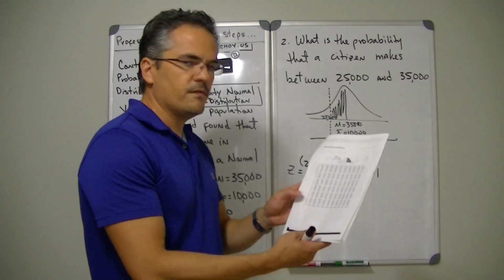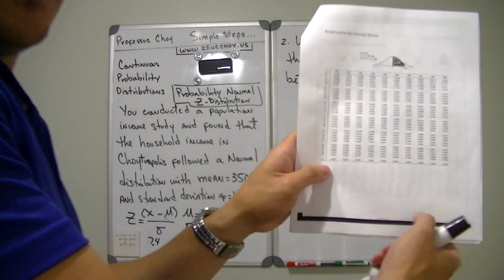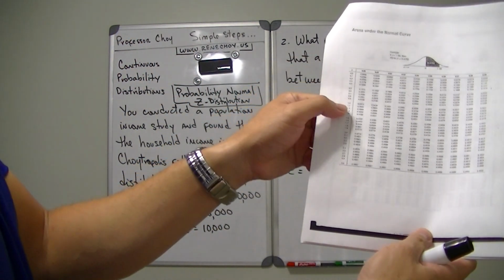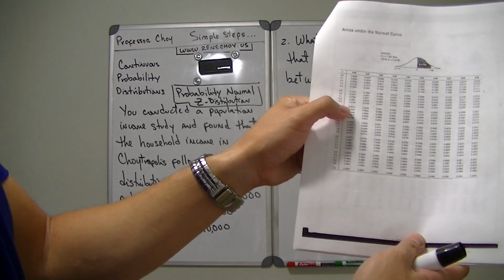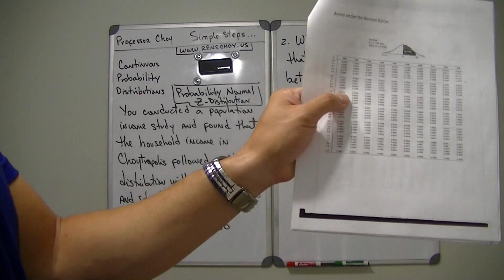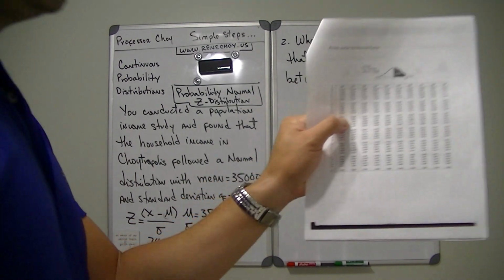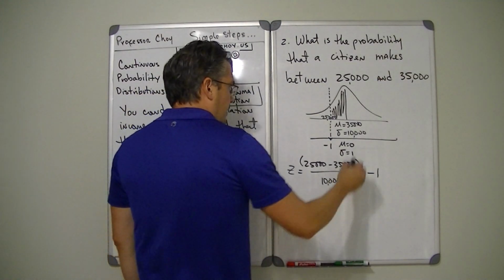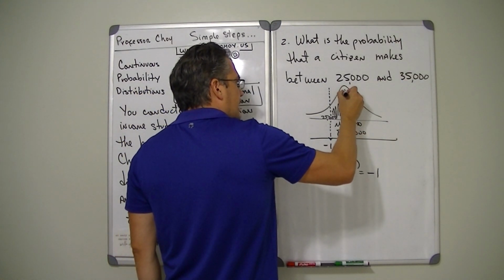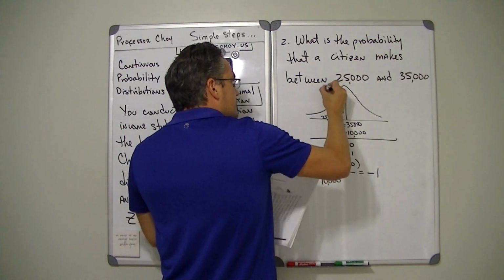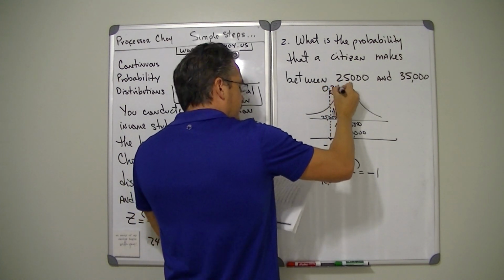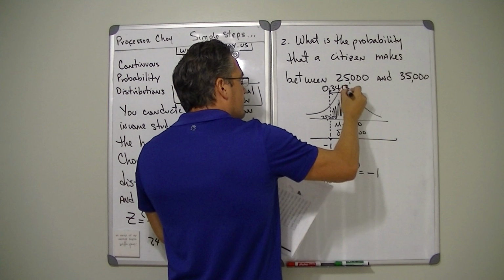Okay? And all we're looking for here is the number 1. So we go down the table, look for 1, and we go look for 1.00. And the answer is 0.3413. So the probability between the center and that number is 0.3413.